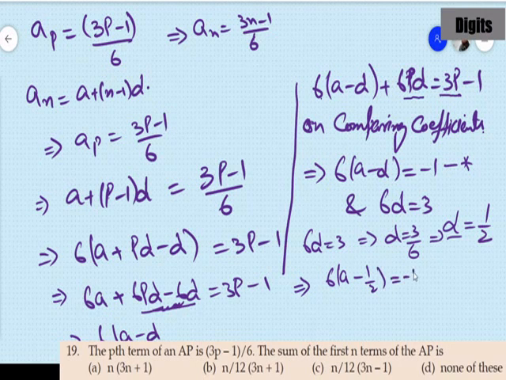After solving this, we can say a minus 1 by 2 is equal to minus 1 divided by 6. From this, we can say a equal to minus 1 by 6 plus 1 by 2. Therefore, a is equal to 1 by 3.